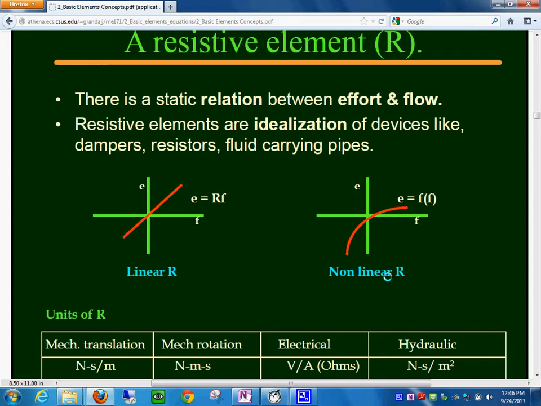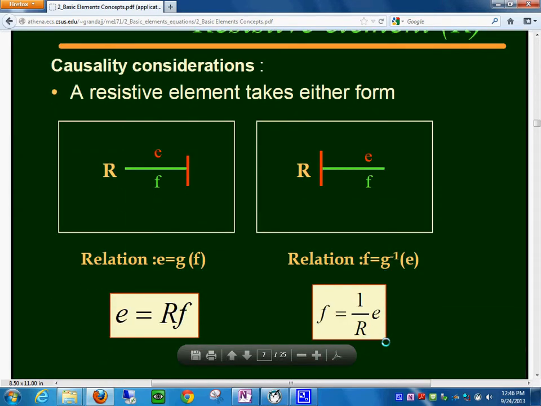Now you could represent this element several ways. One of them is like this. Now when you have it like this, it is very obvious that this symbol represents this equation. This symbol represents this equation. How does it do that?